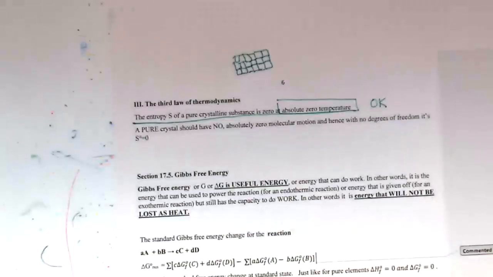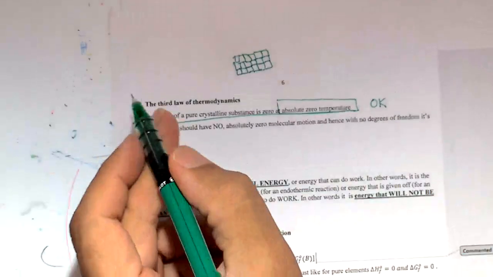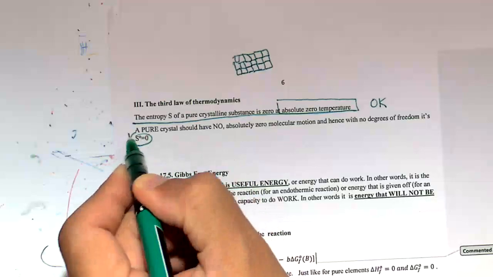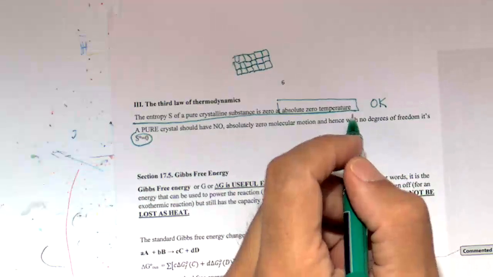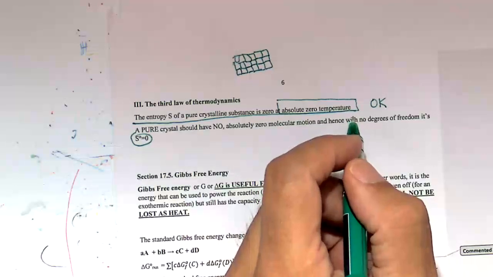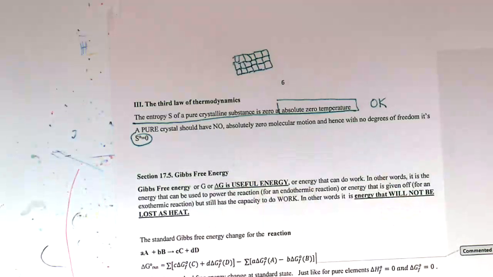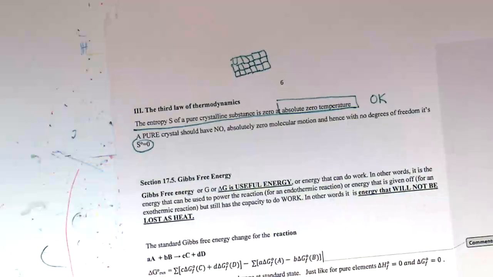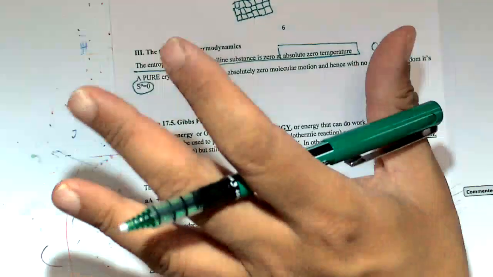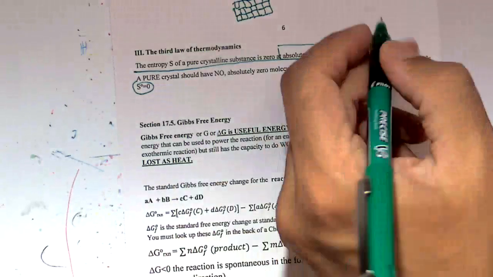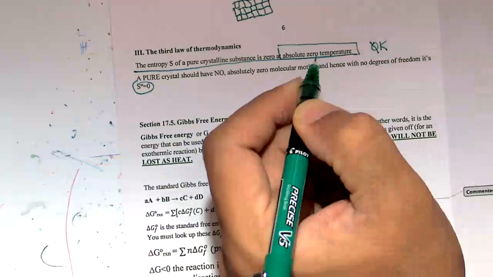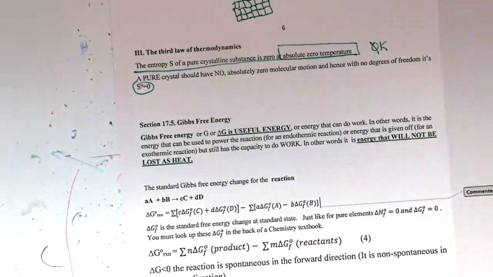You can get it to such a low temperature where the molecular motion is stopped or ceases. That means the entropy will be 0. Okay, so a pure crystal at 0 Kelvin will have no entropy. All right, so this is what the third law of thermodynamics states. Again, something I just want to tell you guys, but you may not see this on an exam. Okay, 0 Kelvin.